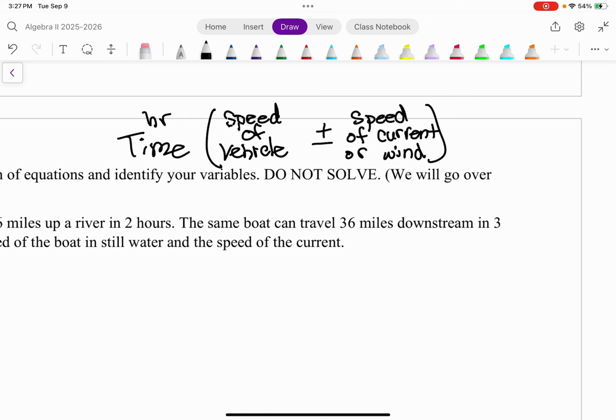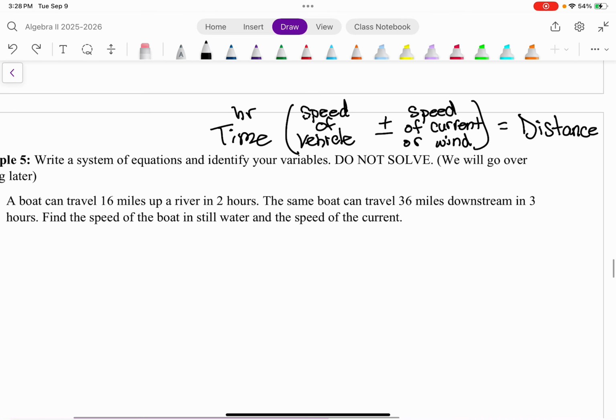When you take the time spent times the speed that an object is moving, the result is the distance that has been traveled. All right, so that's the outline of how we're going to set up our equations for these types of problems.